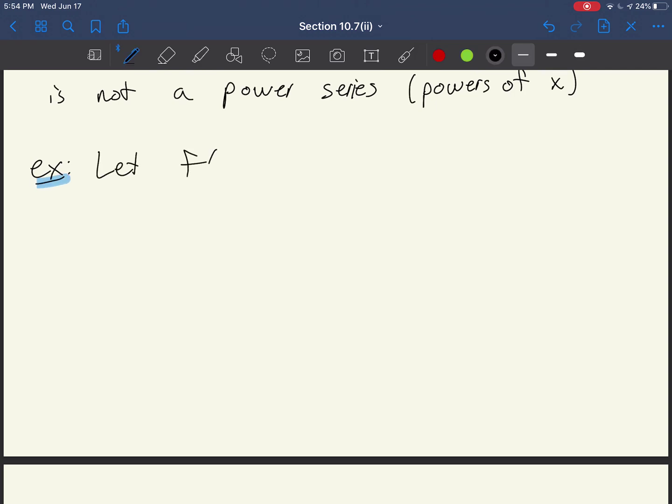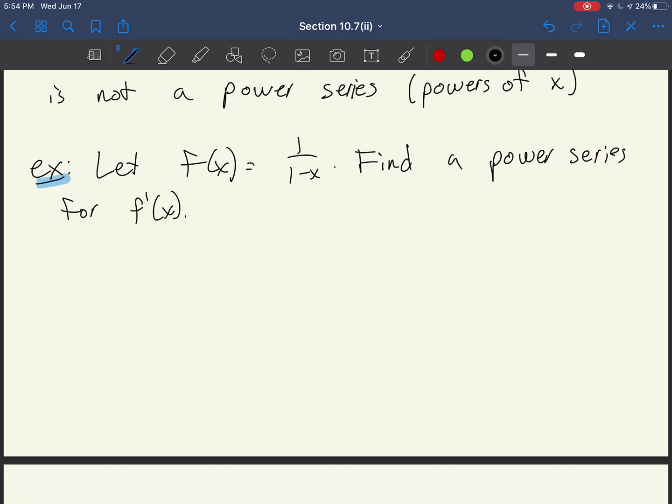So let's see some examples of this differentiation and integration. So let f of x equal 1 over 1 minus x. Find a power series for f prime of x.